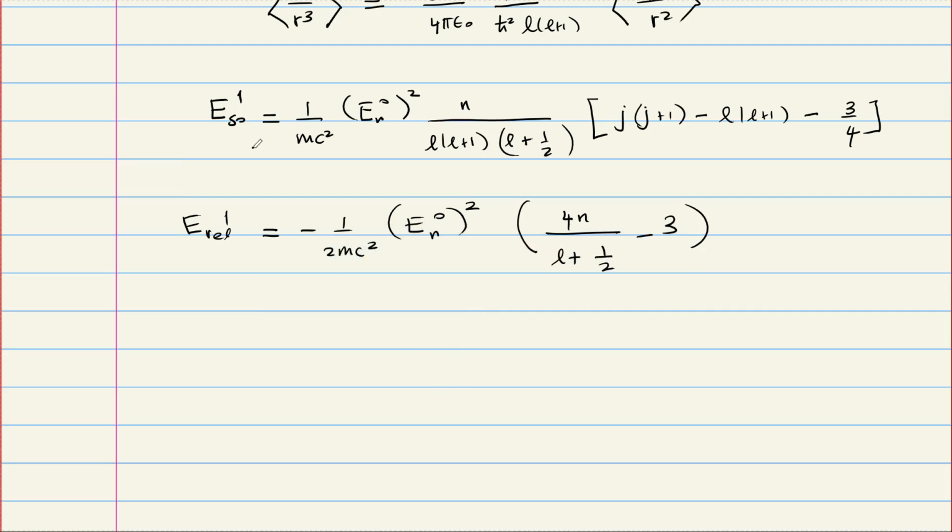And for the total, I just sum these. So I want to write E. This is what we call hyperfine, HF, to first order, and it's equal to E1 relativistic correction plus E spin-orbit coupling. And this one is, what did I get? Let me write this like En naught squared divided by mc squared.